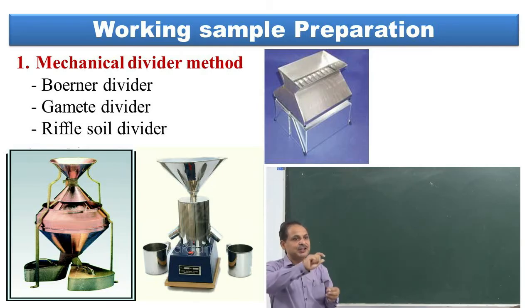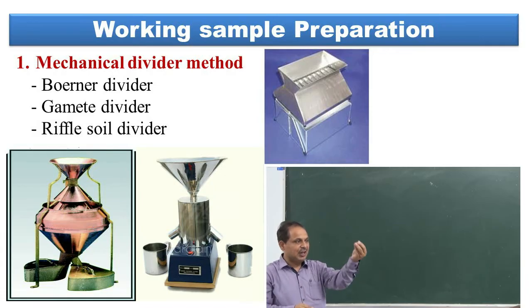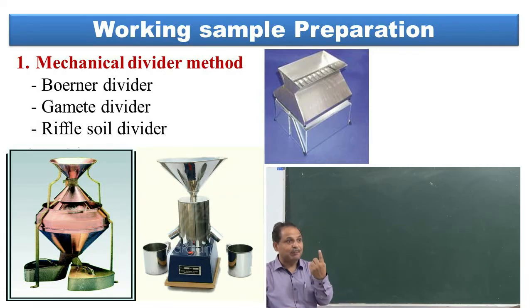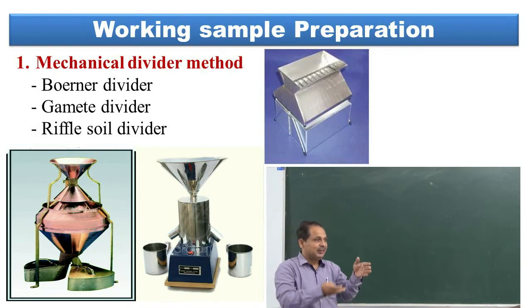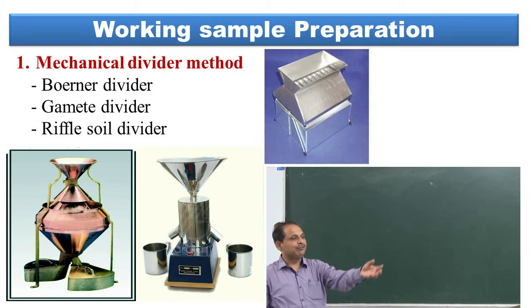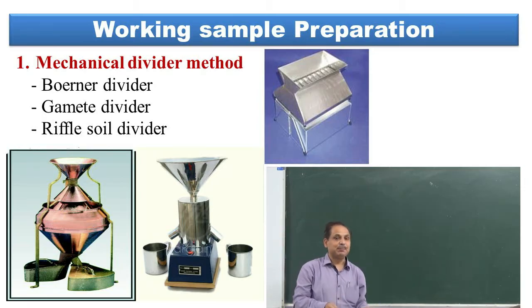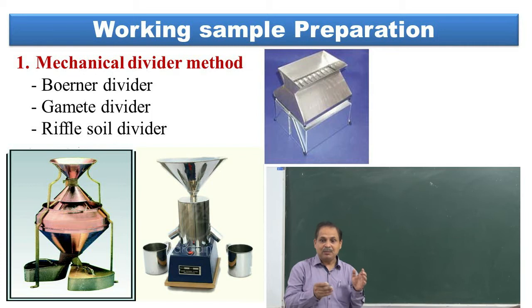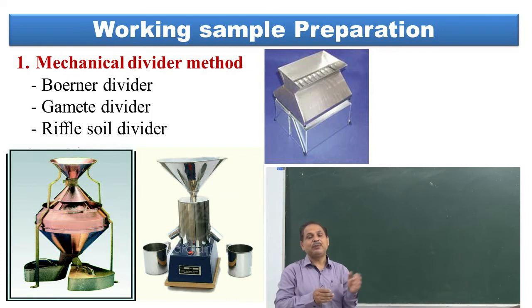When this knob is opened, the seeds are dropped on a single point, and from there they are divided into two different seed slots, and we collect the seed samples from these. This equipment may also be utilized in homogenizing the seed samples.